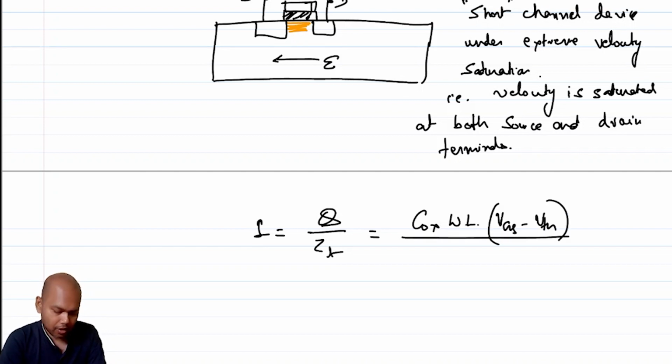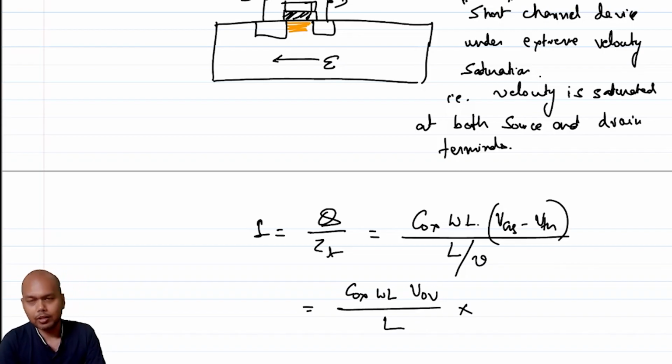And what is the transit time? Transit time is the amount of time the electron takes to go from source to drain. So that is essentially L by V. And what is V? V is mobility times the electric field, mu times electric field.